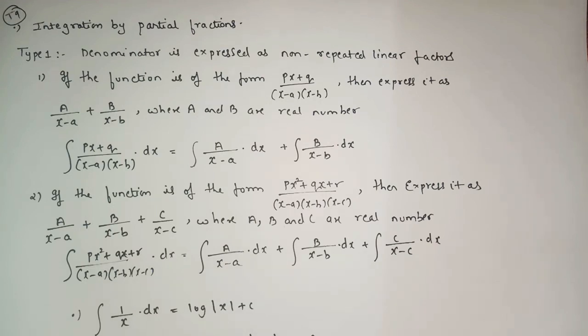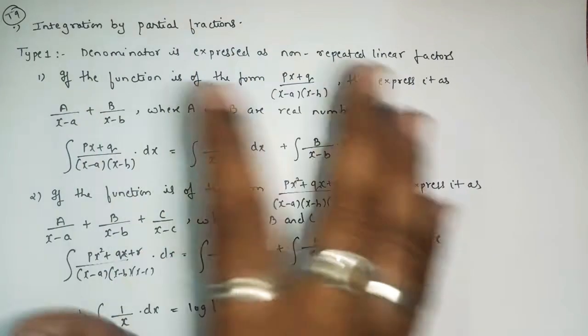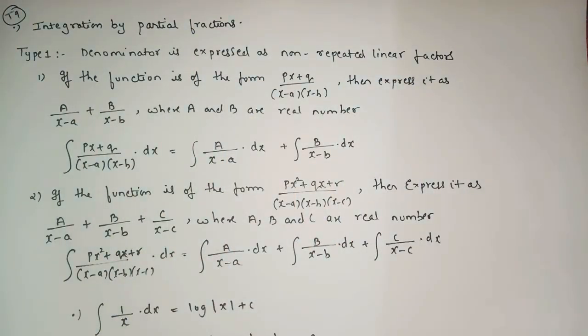So type number 1 will play an important role in your board exam. The second and third are rare; sometimes they come in the exam, sometimes not. But type number 1, the majority of the time in board papers, is a sum for 4 marks.